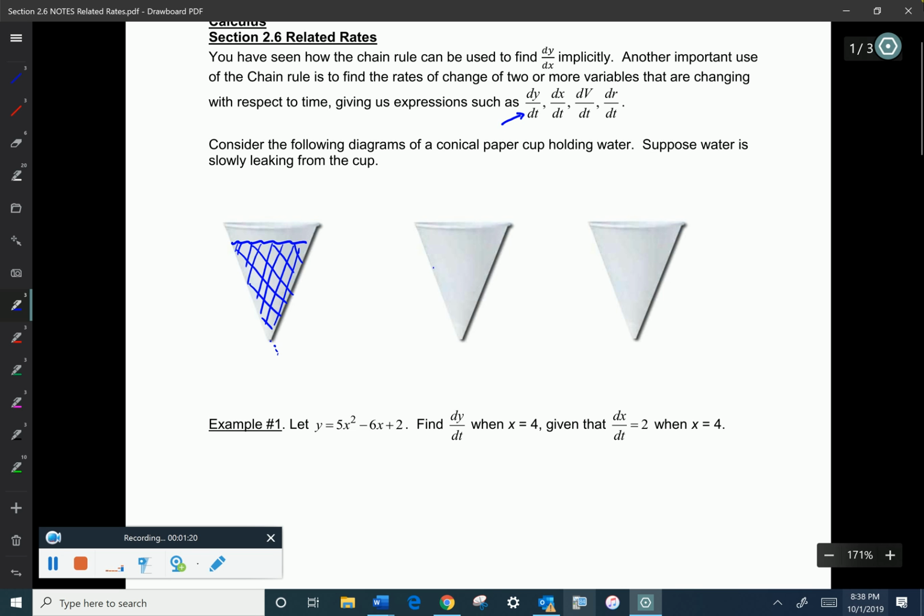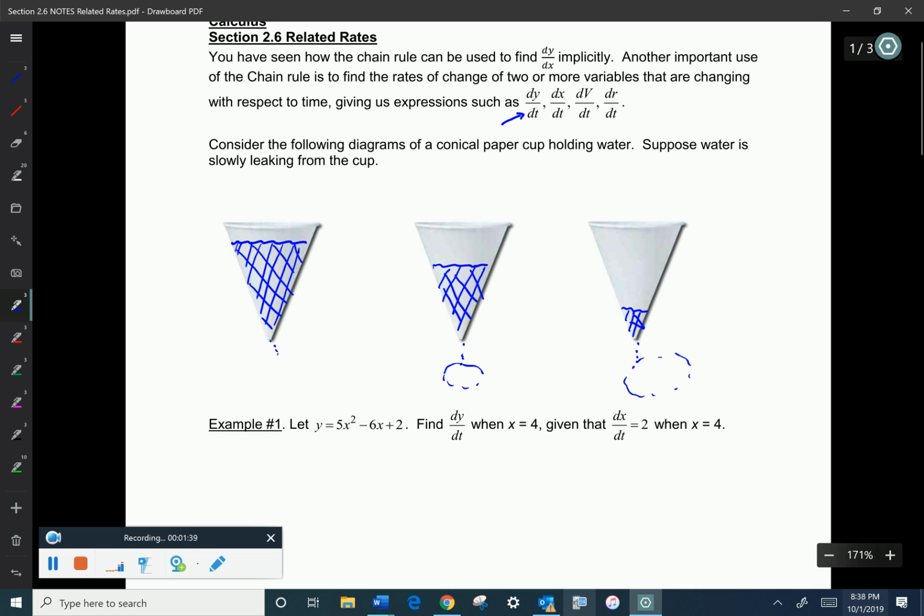At a certain point, maybe the water level is down to here, and you'd probably have a little bit of a puddle down here. And then maybe after some more time, the water level is way down to here, with a much bigger puddle.